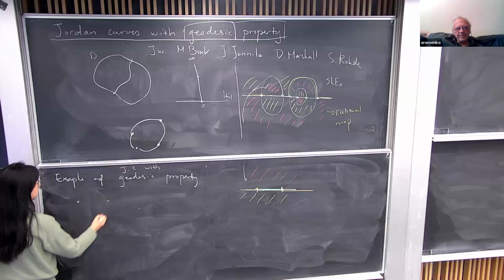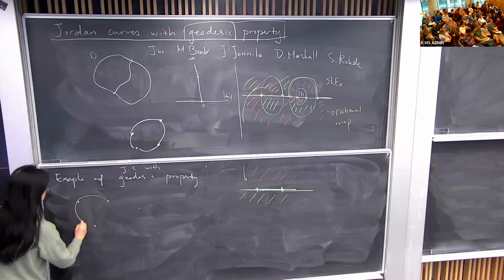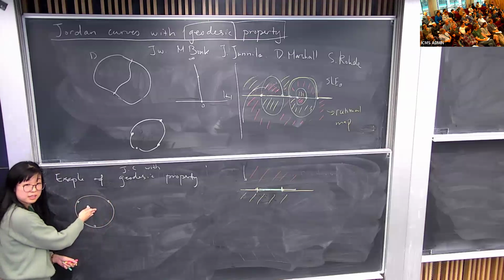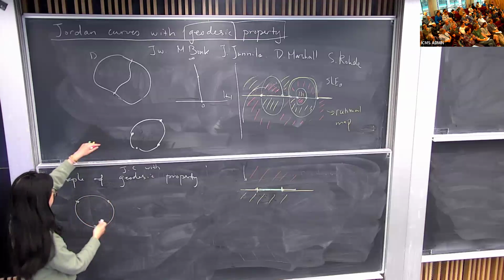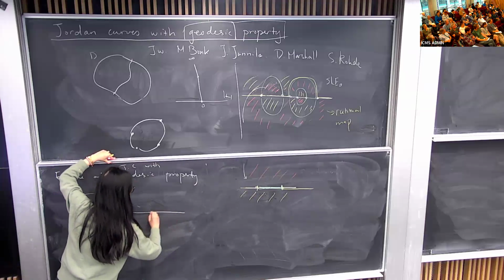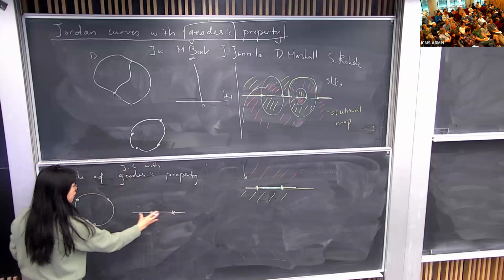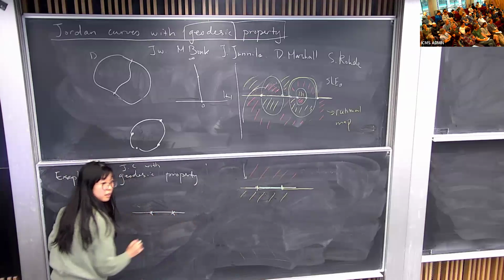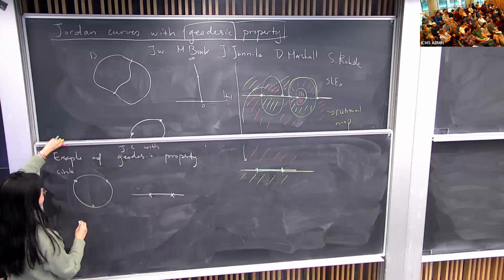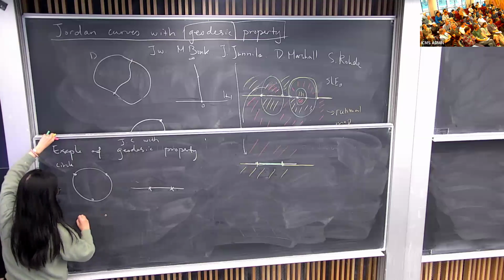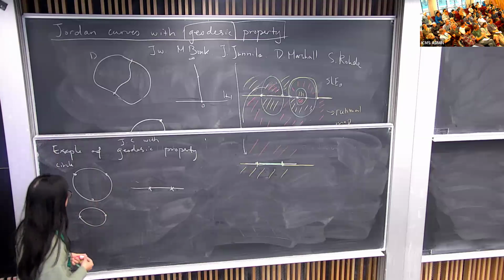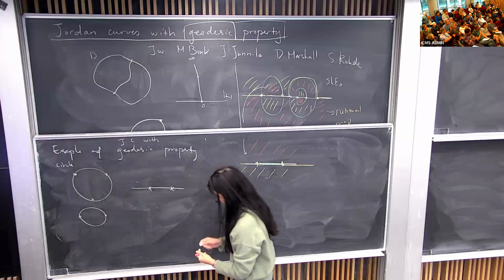Well, if you have a circle, it must be a curve with geodesic property because this property is invariant under conformal automorphism. In particular, you map to the real line. So each curve has to be the hyperbolic geodesic in the complement of the rest. Circle. You can even talk about 2 points, right? You can just take a circle going through 2 points. There are also other curves.